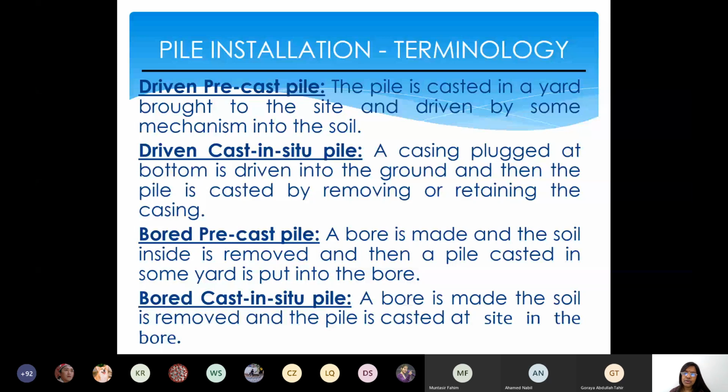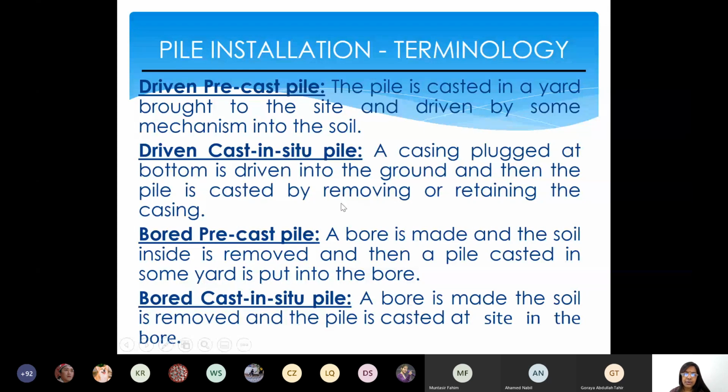Here a bore is made, the soil inside is removed, and because it might be loose soil, you cannot use it. In this case the soil might be good, so they just make a casing, a pipe-like structure. Either the casing is left there or removed because the loading is not taken by the casing.